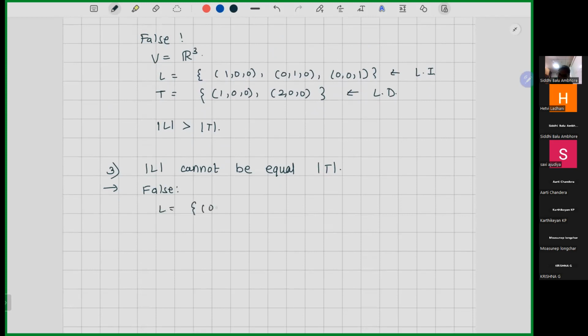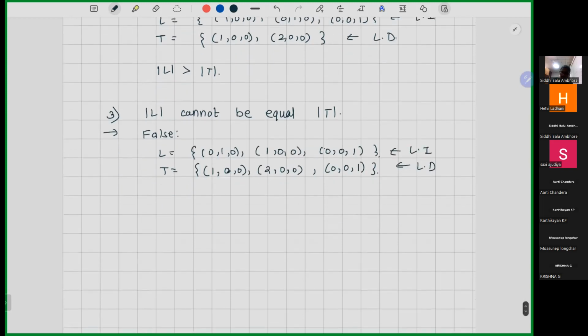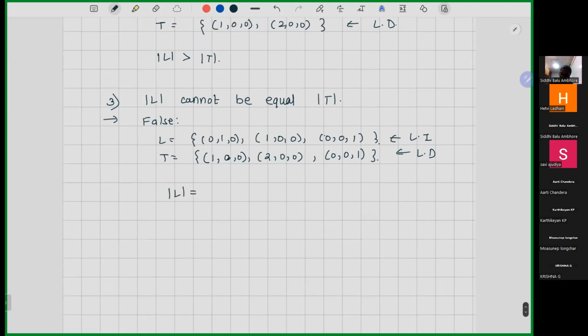We can have this basis, and the order doesn't matter. And T, I can take (0, 0, 0) or (2, 0, 0) and (0, 0, 1). This is a linearly dependent set. This is linearly independent. However, the cardinality of L is equal to the cardinality of T. Okay, is it clear now to everyone?